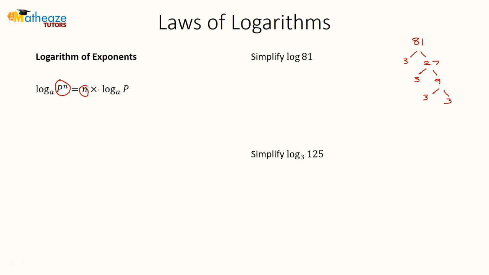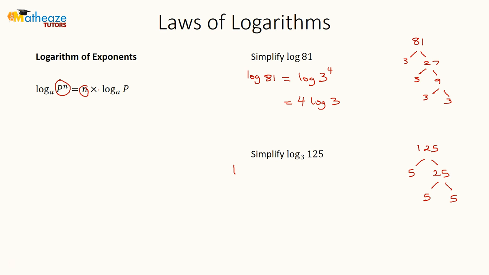So log of 81 is the same as log of 3 to the power of 4. So now what we're going to do is put the exponent on the left hand side and then log of 3. Now 125, we divide that by 5, we get 25, and then we divide that by 5 and we get 5.